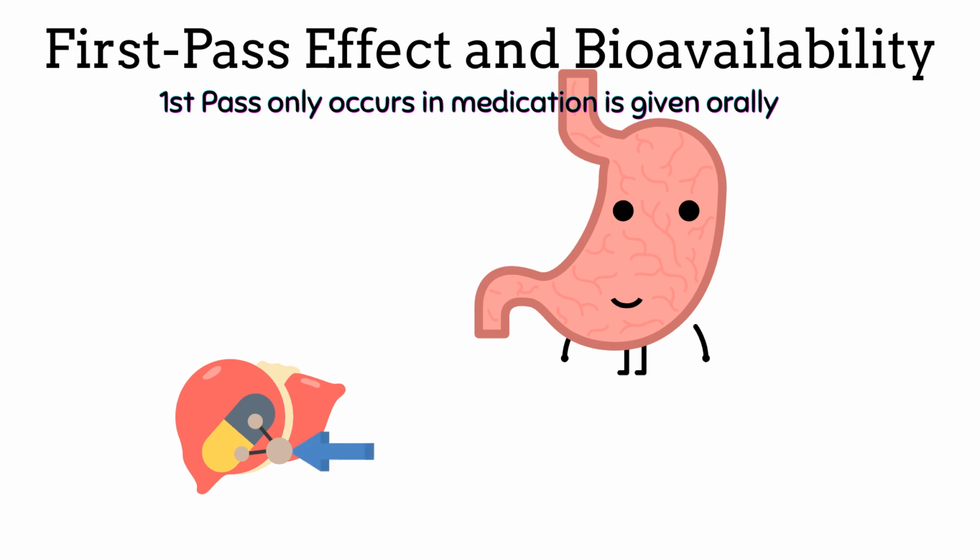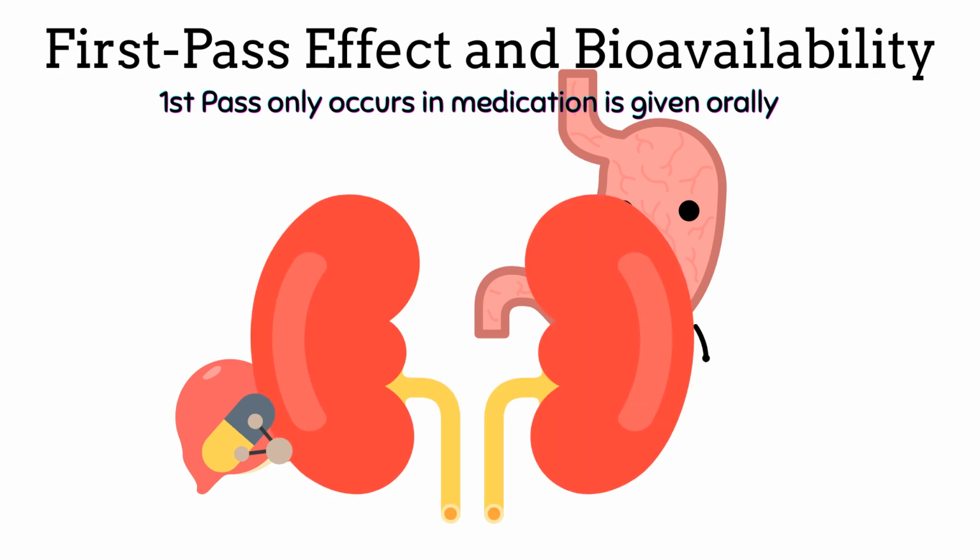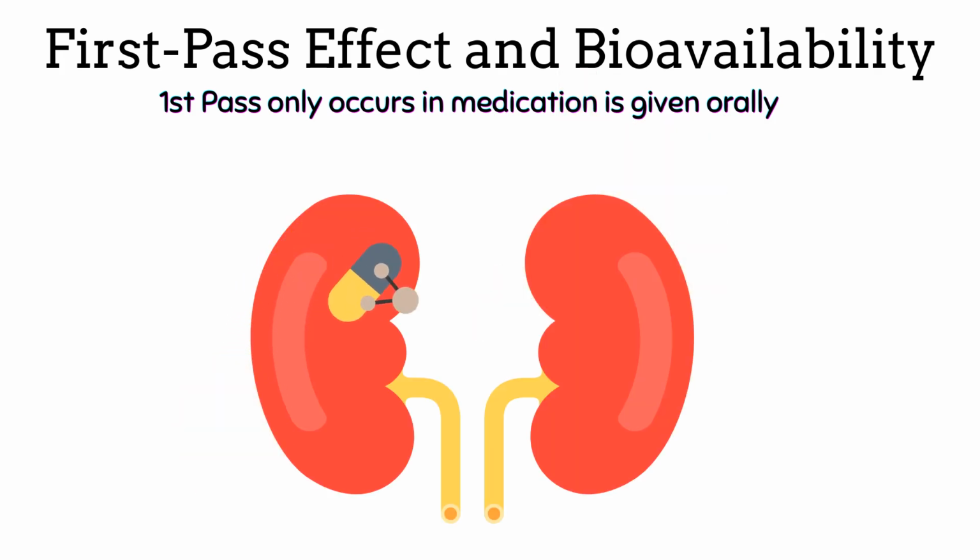These functional groups alter the chemical structure, usually making it more hydrophilic and facilitating some sort of excretion, either fecally or through the urinary tract.